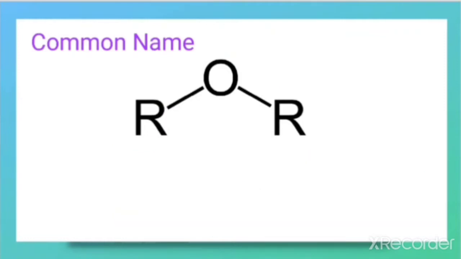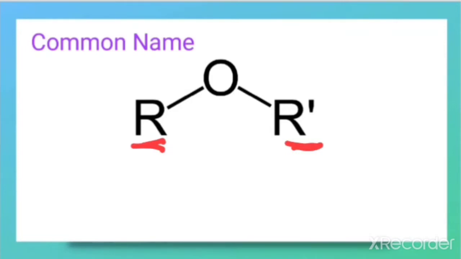But in the case of unsymmetrical ethers, where R and R dash are different alkyl or aryl groups, how do we name such ethers? Here the two alkyl groups are not the same. So we have to name the two alkyl groups individually, in alphabetical order.